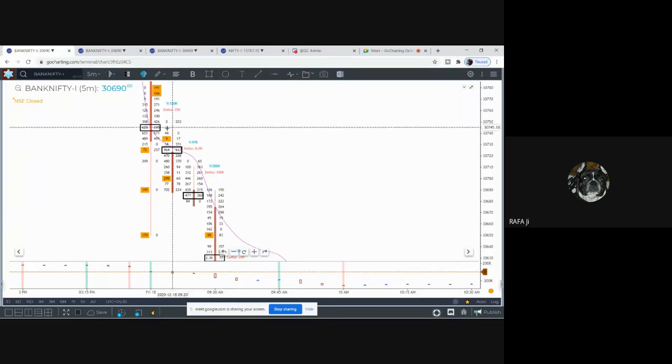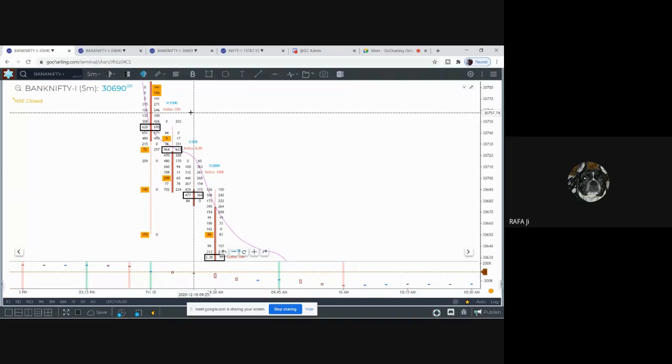What happens next is the market goes down, and this delta is huge for Bank Nifty. Not huge, but on the larger side on the second candle. So you get an idea that there is some negative bias still there, but you would still like to wait for another 5 or 10 minutes to gauge what is happening.